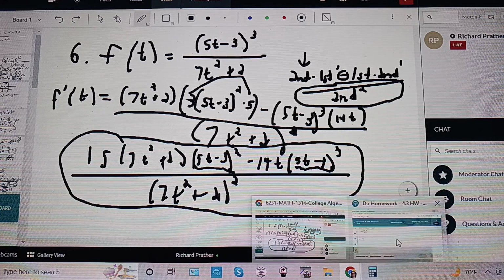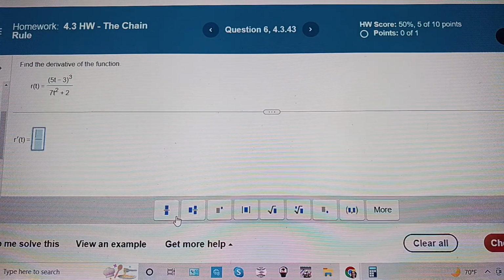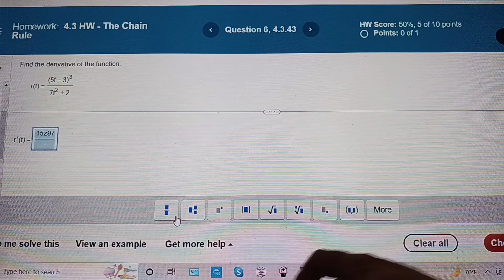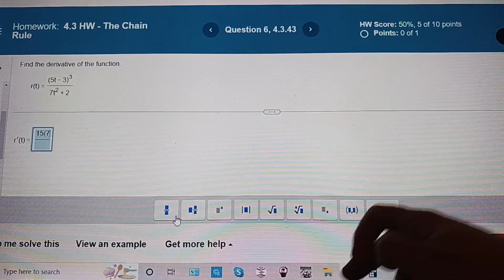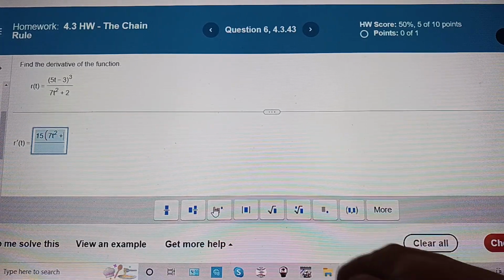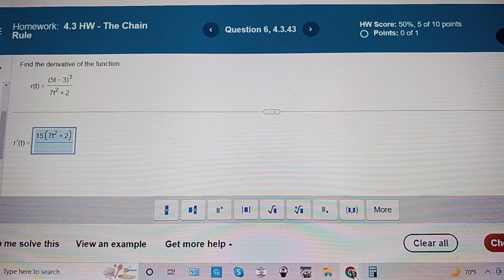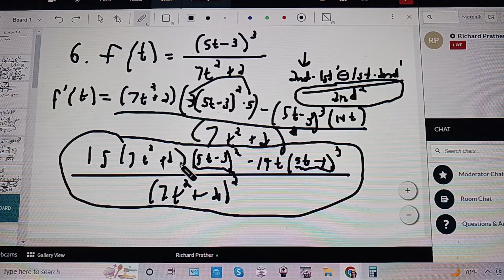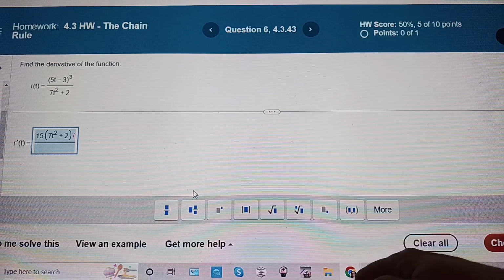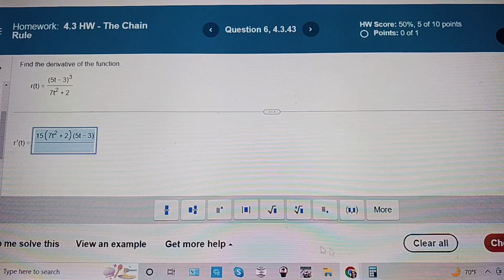So let's try this. 15. And then there was the 7t squared plus 2. And that's first power. And then the 5t minus 3 was squared.